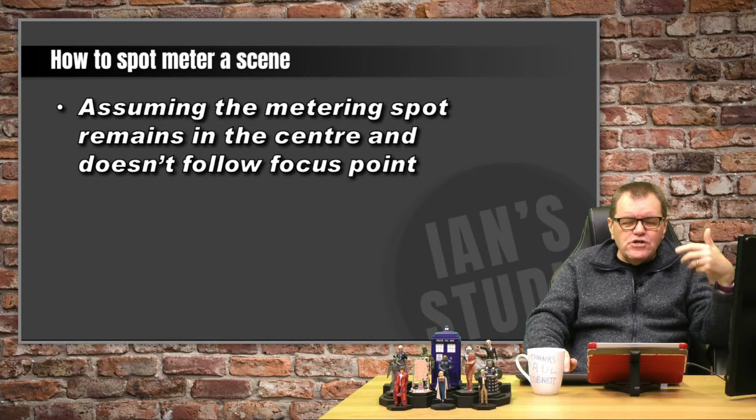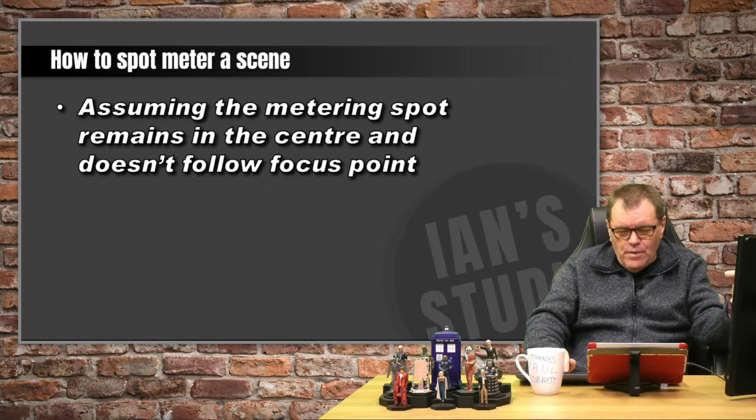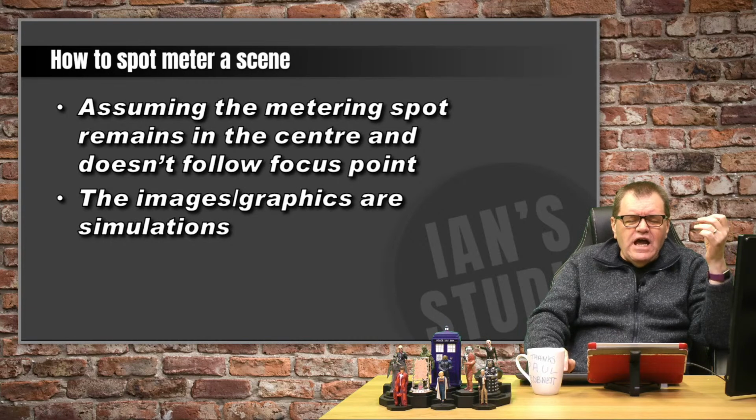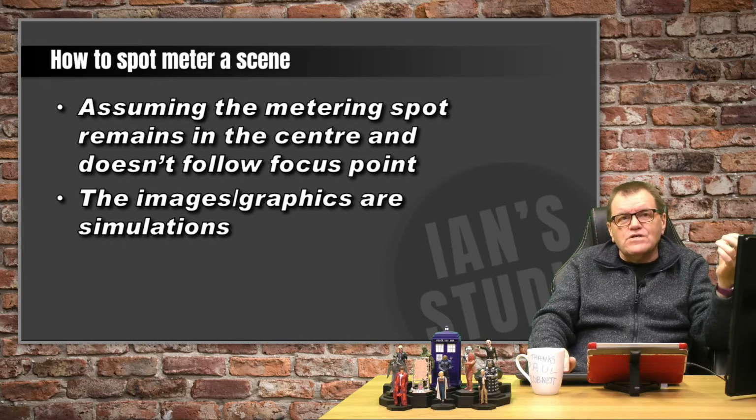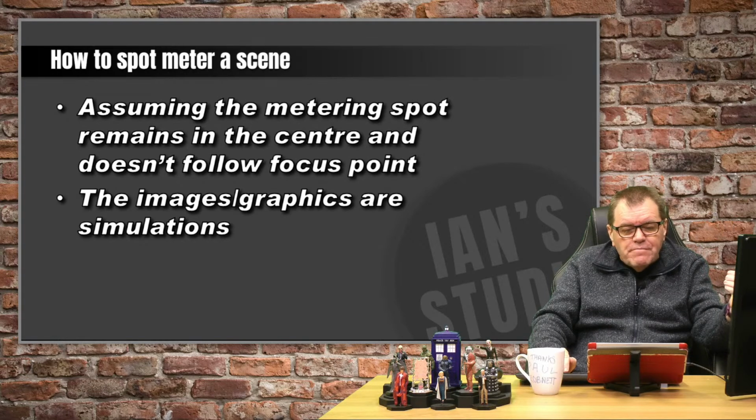For this explanation, I'm going to assume that the metering spot remains in the center and doesn't follow the focus point. It's the same principle if it does follow the focus point, but you just have to be aware of where it is. And the images and graphics that I'm showing you are simulations rather than actual things.